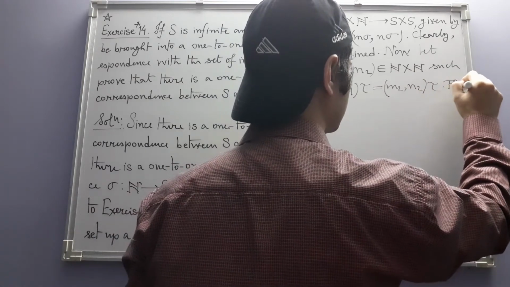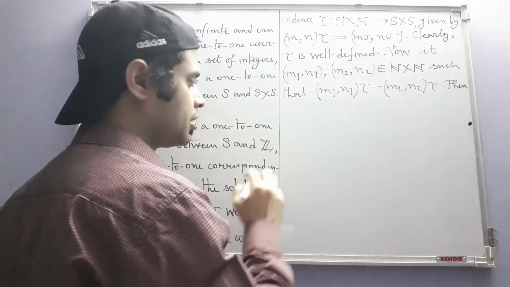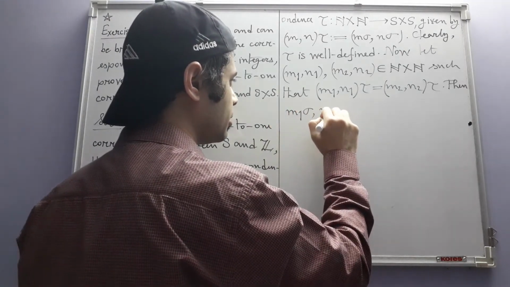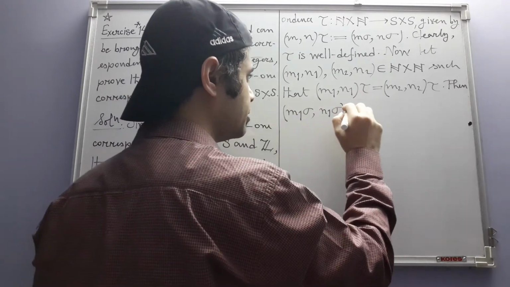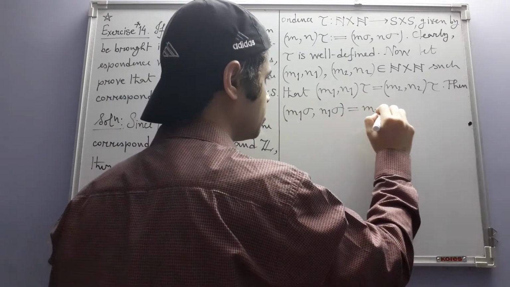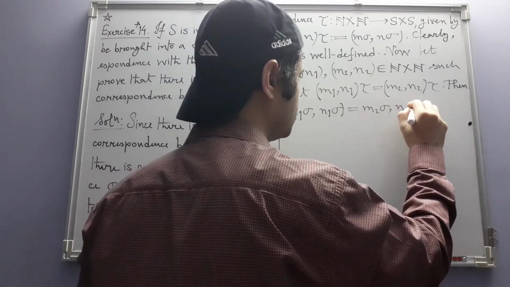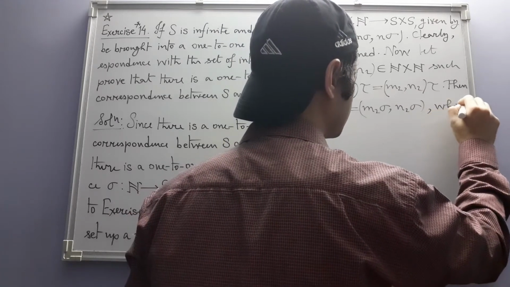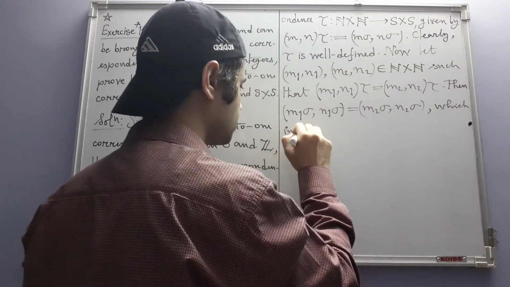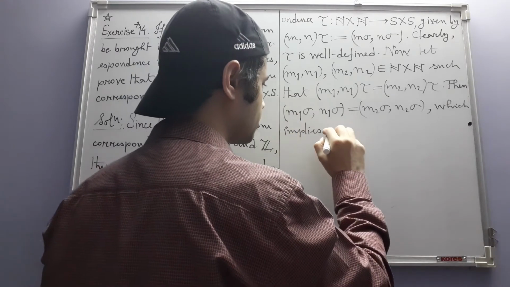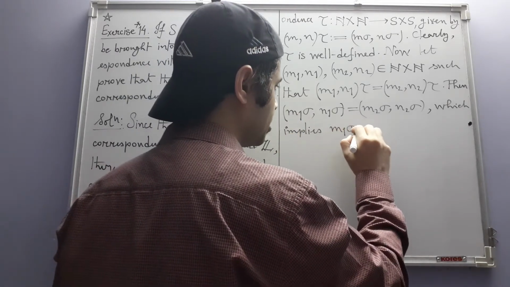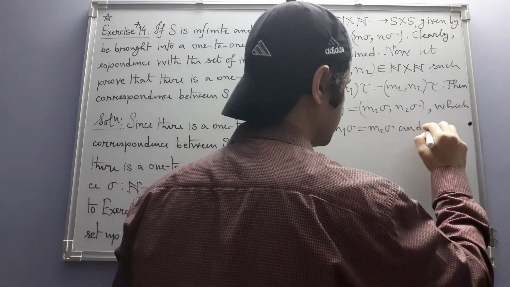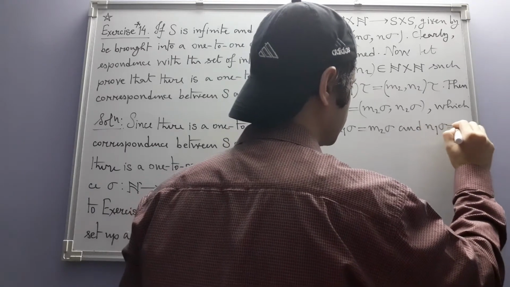Then (m1, n1) tau is (m1 sigma, n1 sigma), and this one is (m2 sigma, n2 sigma), which implies m1 sigma is equal to m2 sigma and n1 sigma is equal to n2 sigma.